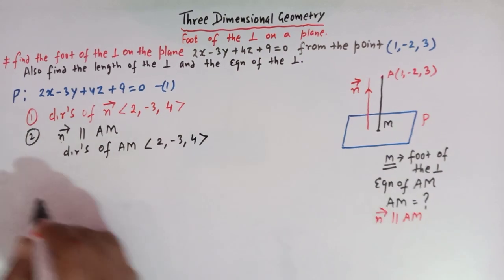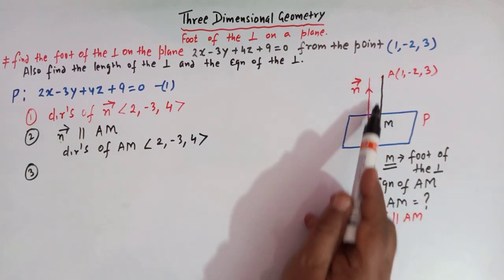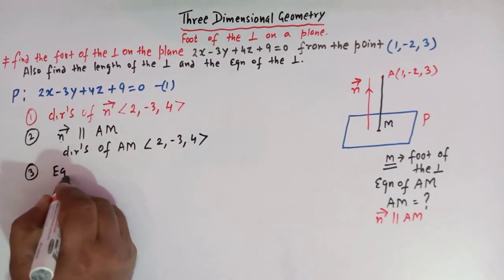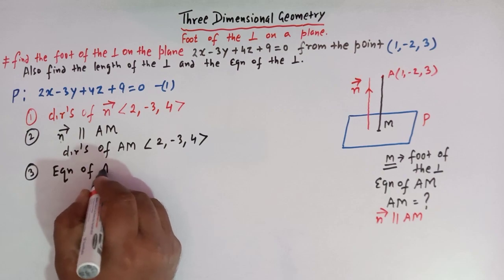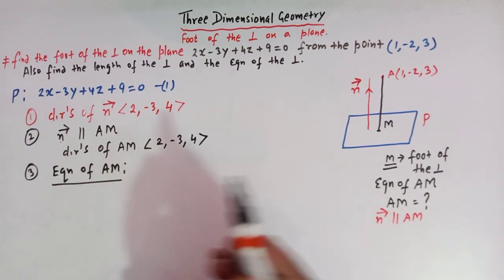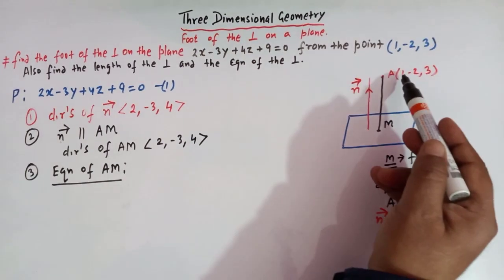Okay, so now the third concept is we have to write the equation of AM. Here we will use the Cartesian equation of a straight line passing through a point.